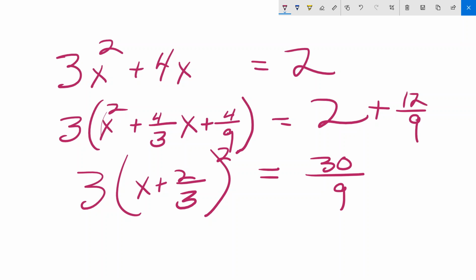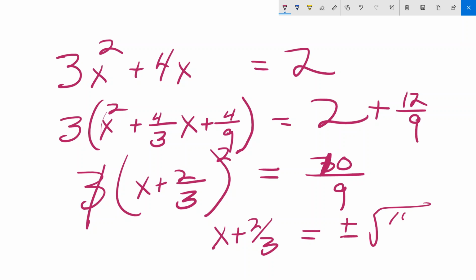You have to divide both sides by 3. Okay, that gets rid of that 3 and makes that a 10. Mm-hmm. And now x plus 2/3 equals what? Equals 10/3. Root, plus or minus, first of all. Root 10/9.